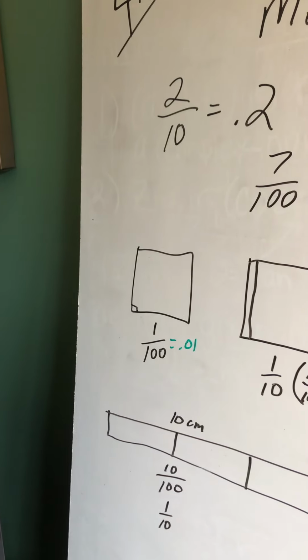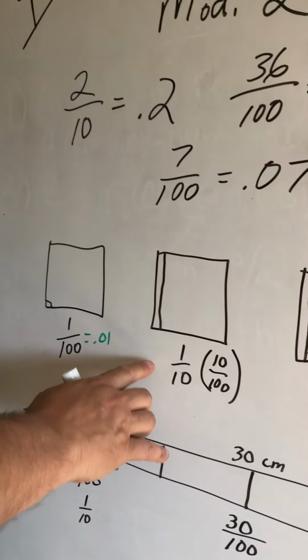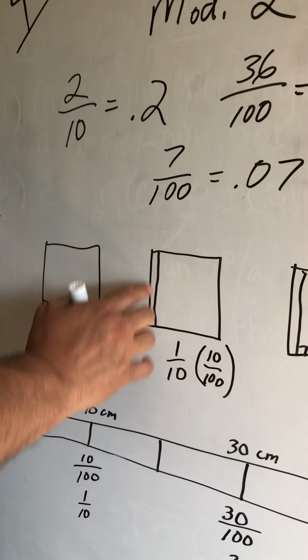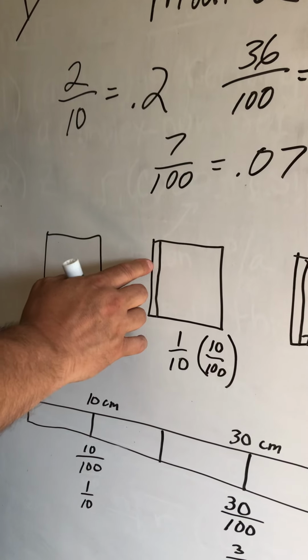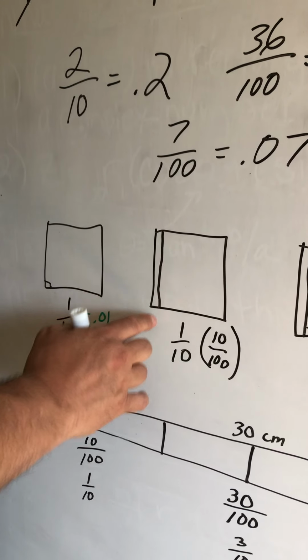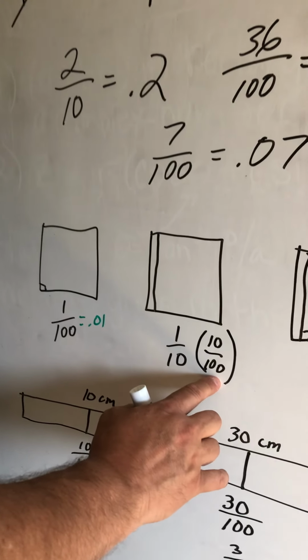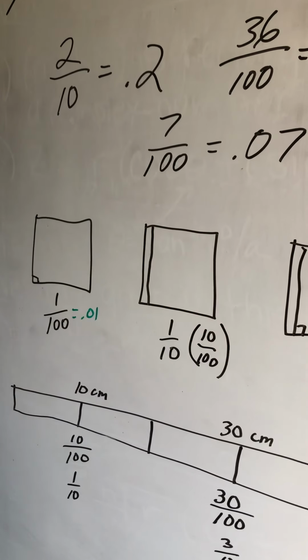Then we also have, if we do one whole strip here, 1, 2, 3, 4, 5, 6, 7, 8, 9, 10 hundredths, but it's also 1/10 of the mat.